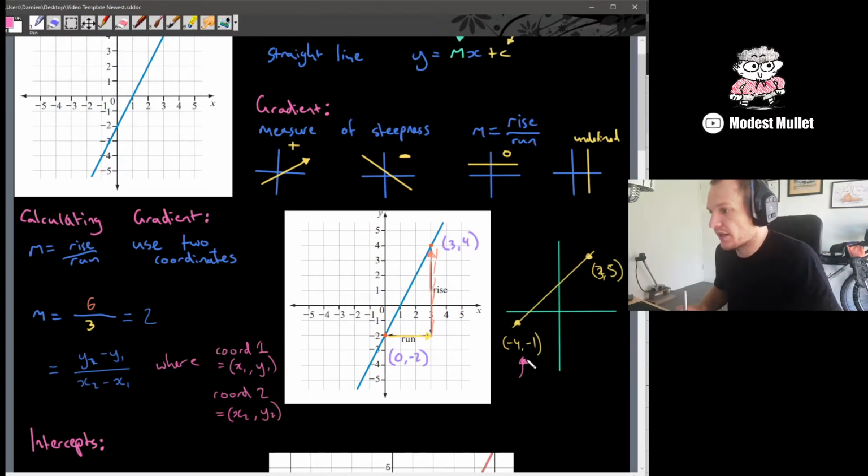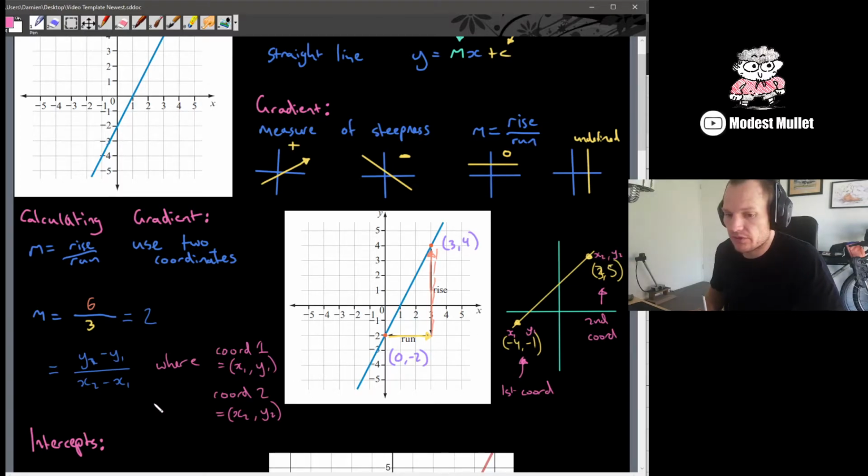We always try and pick our left coordinate as our first coordinate. So we could call that x1, and we can call that y1, and we could substitute into our formula. And this is our second coordinate, and that is x2, y2. And so we could substitute that in the formula.